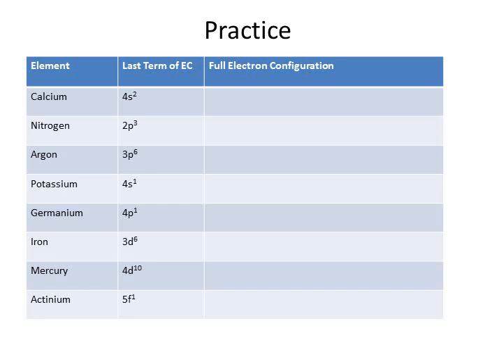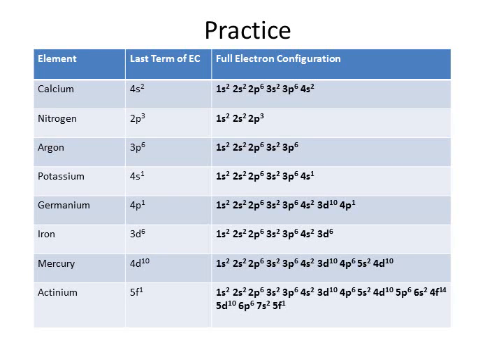Now I wanted you to go through using your periodic table to write the full electron configuration. Pause the video. You should have written out your full electron configuration, and here are the answers.